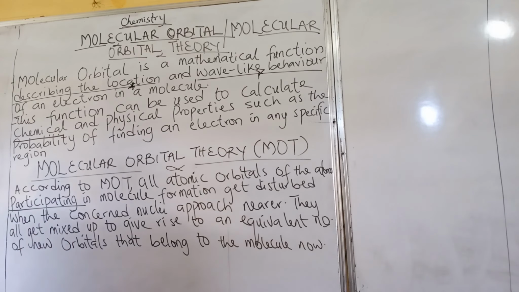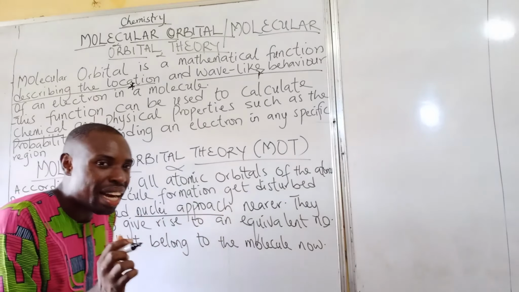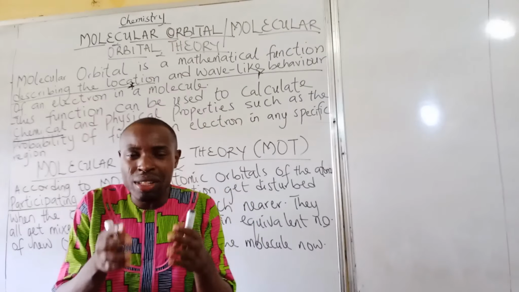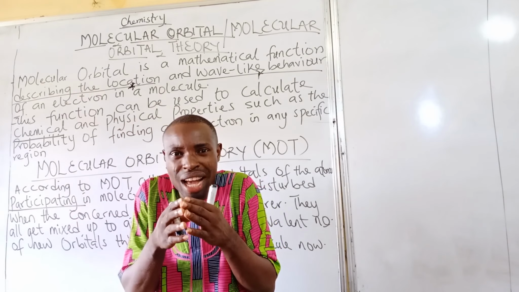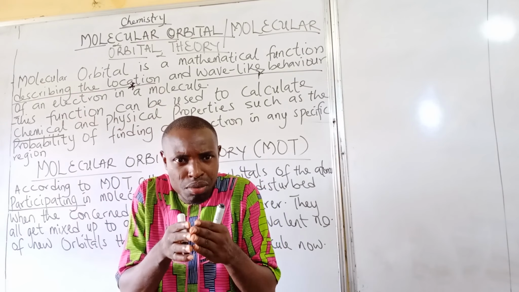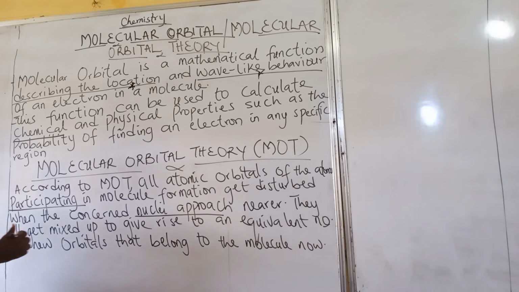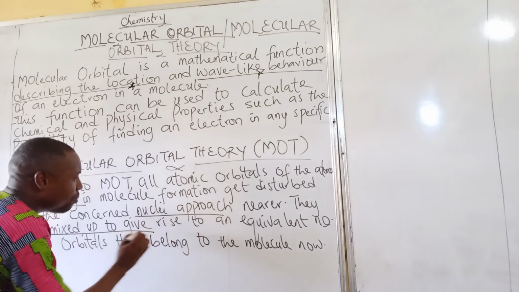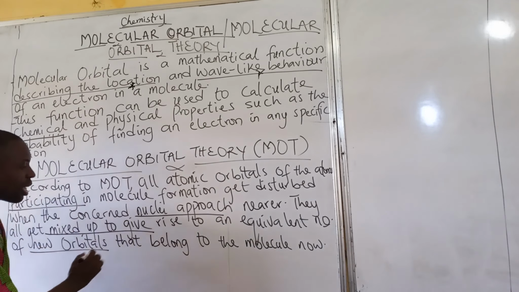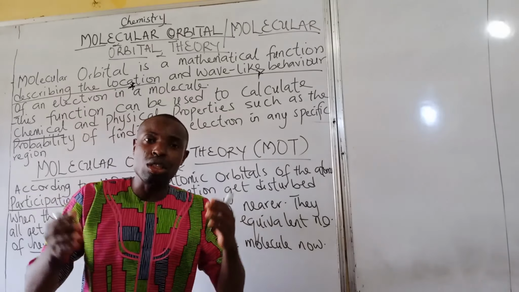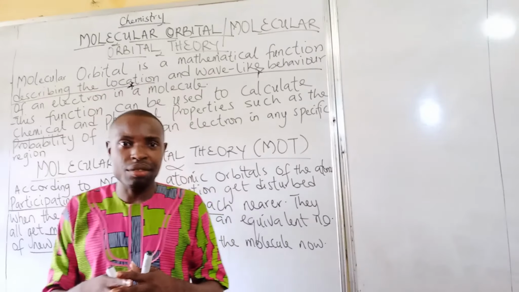When the constituent nuclei of interest get nearer or closer to each other, there is a distortion. You get me now? And they all get mixed up to give rise to an equivalent number of new orbitals that belong to the molecule. So we move ahead quickly.